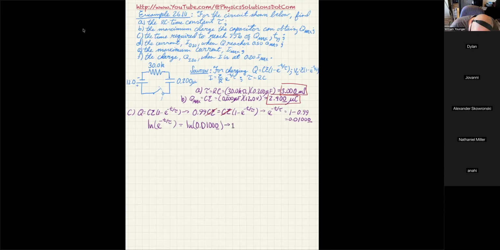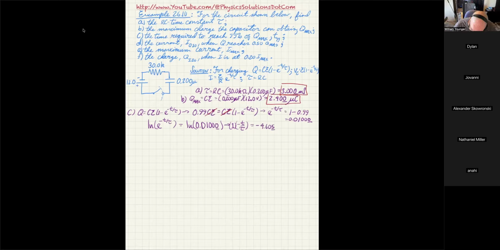So that becomes 1 times negative t over tau is equal to the natural log of 0.01. So I'm going to type in 0.01 on the natural log function, and that gives me negative 4.605 as what the negative t over tau is.